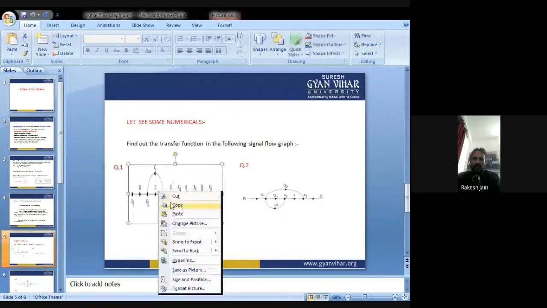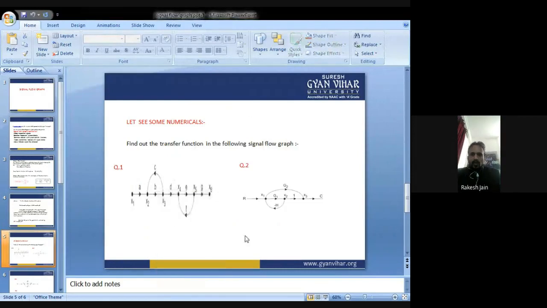So now see, let's suppose we have certain numericals, and I will show you on an MS Paint file. So you will feel a blackboard type of pedagogy. So now see.